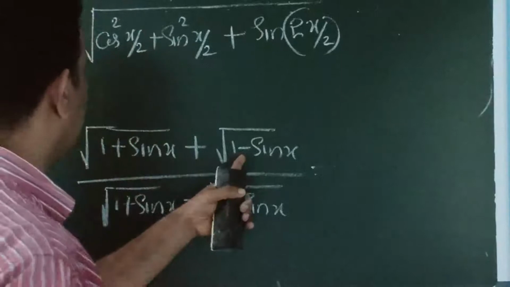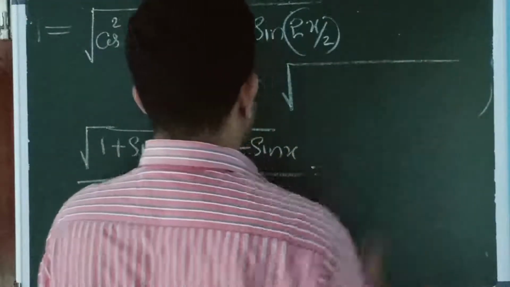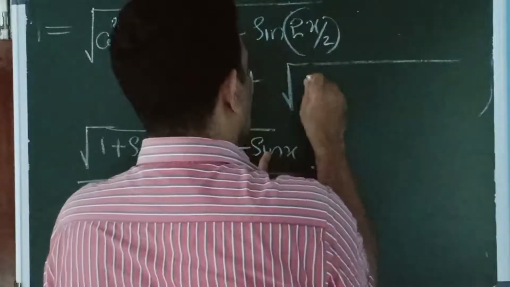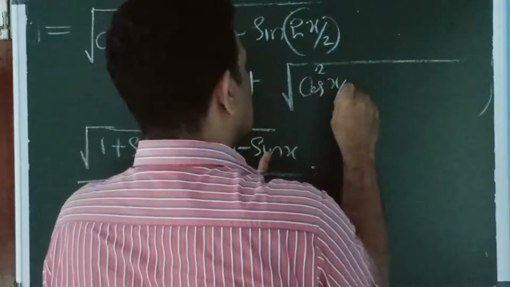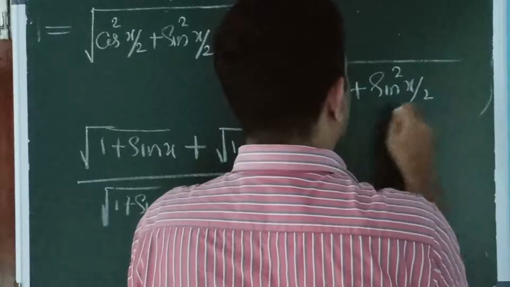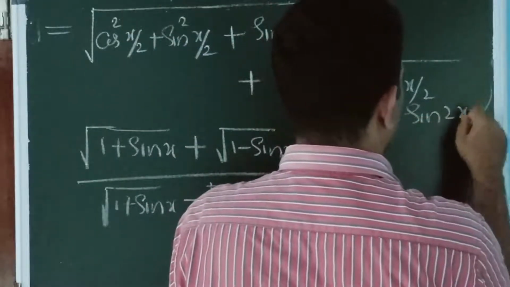Similarly, we can write plus square root of (1 minus sin x), where 1 can be cos square x by 2 plus sin square x by 2, minus 2 sin x by 2 cos x by 2.